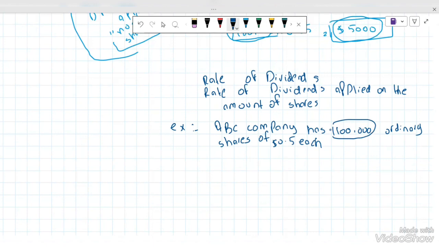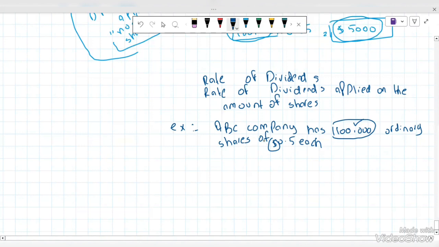So we multiply 100,000 by the $2. The amount we get is basically your share capital. Just remember the dollar sign will not come with this 100,000. This is the number of shares which you have issued to the general public. Okay, just remember this thing.